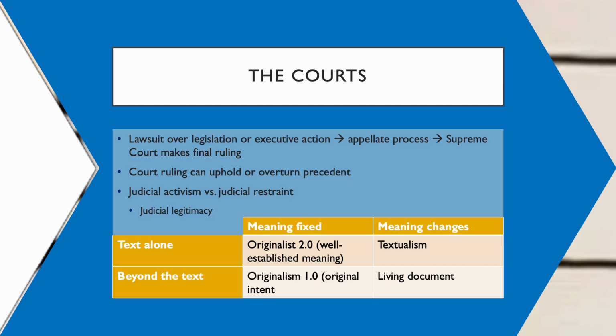Now, if you believe that you're going to look beyond the fixed meaning of the text and beyond the text itself to the broader intent, the broader change over time, then you embrace something more like a living document, where the Constitution or the statute sets up a particular framework, and the job of the judiciary is to interpret that framework in the context of changing circumstances.